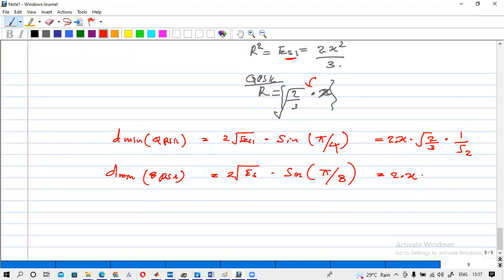What is the value of sine π by 8? You can just use the calculator and tell me the decimal value. Tell me that value.